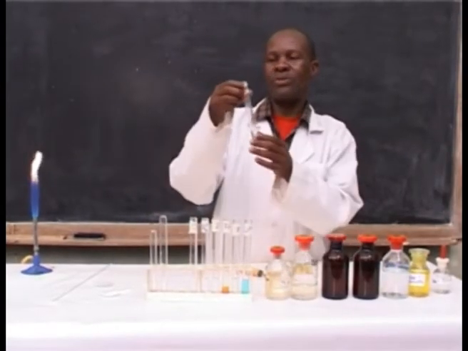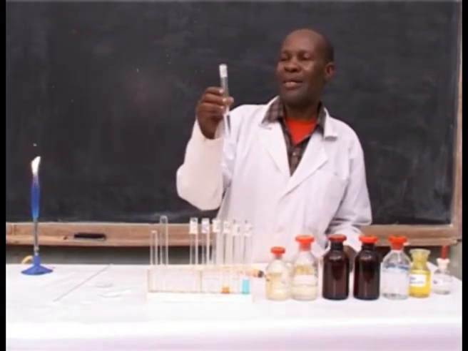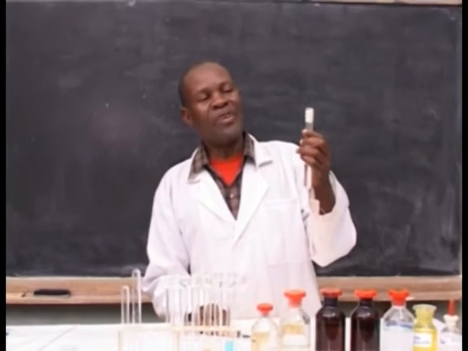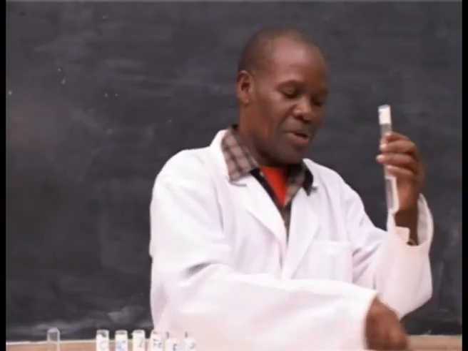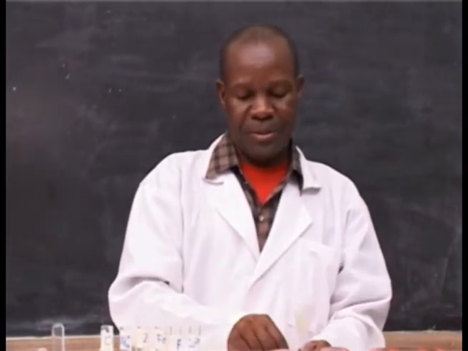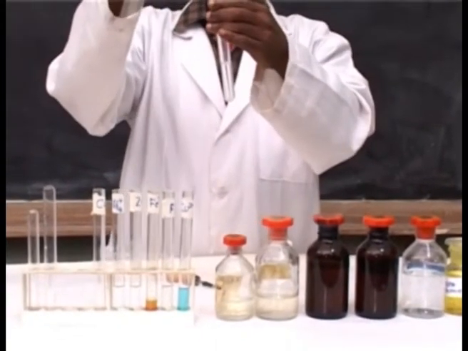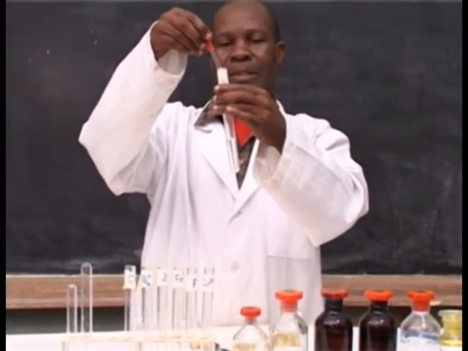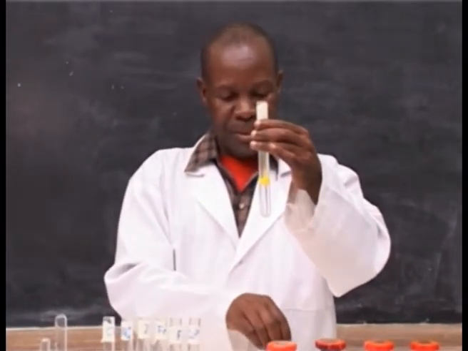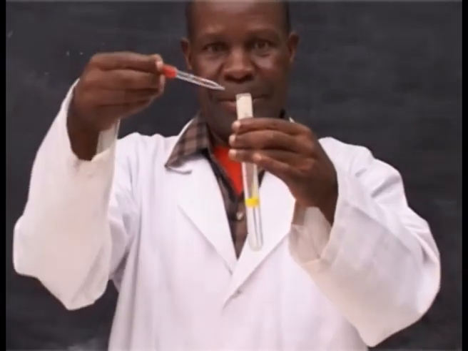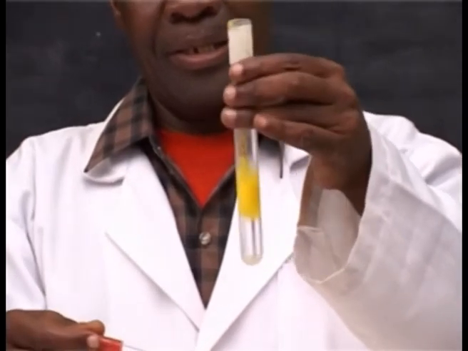Take the test tube which contains the suspected lead ion. To confirm the lead ion, add potassium iodide solution dropwise, then in excess.